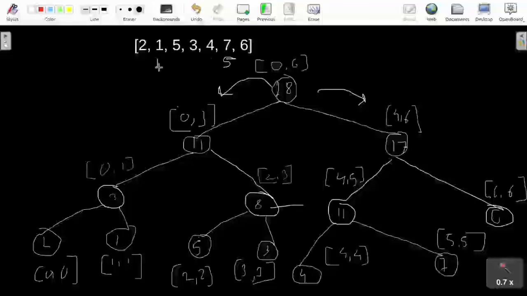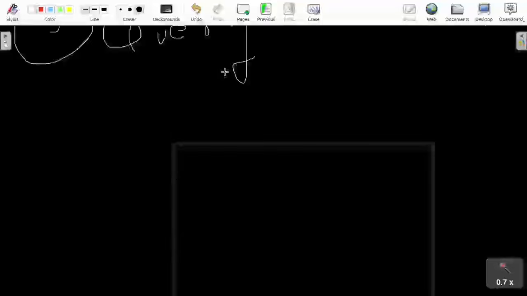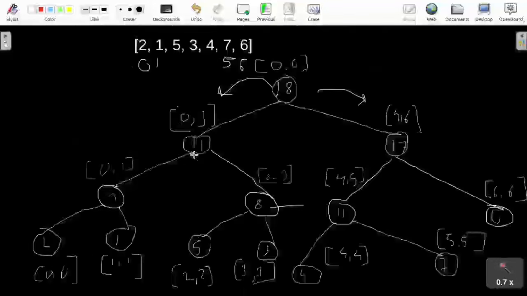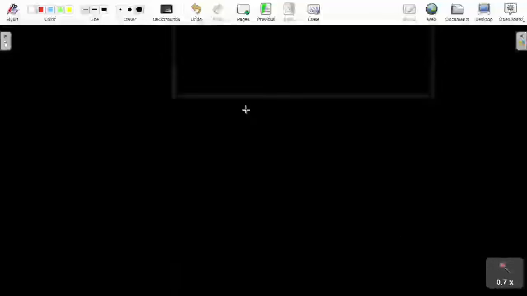The length of our array is 7, and the first index is 0 and the last index is 6. So let's understand how a segment tree is built. In this array, the first index is 0 and the last index is 6. So we will start with this range. Initially, you start with a range.